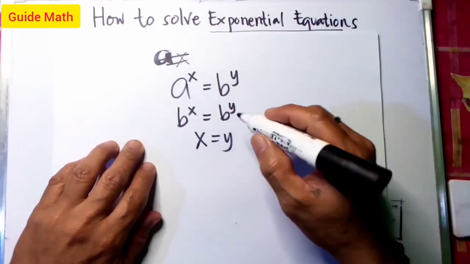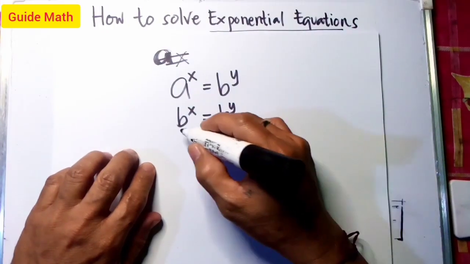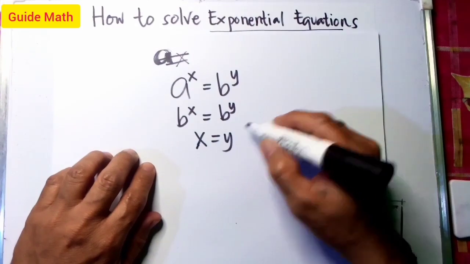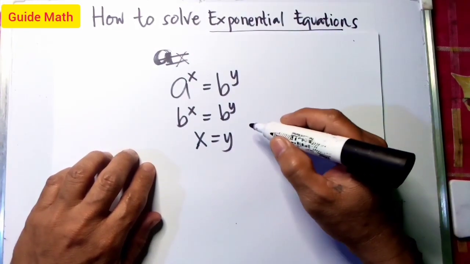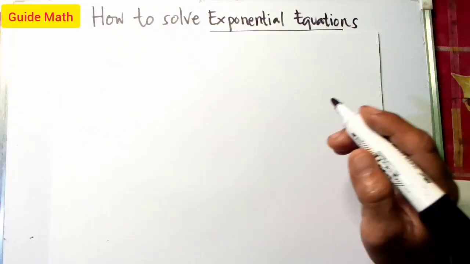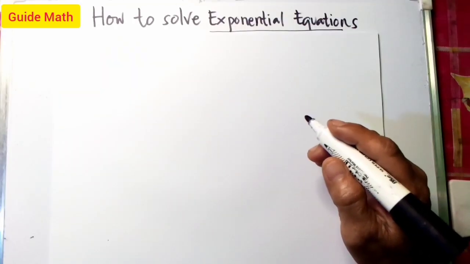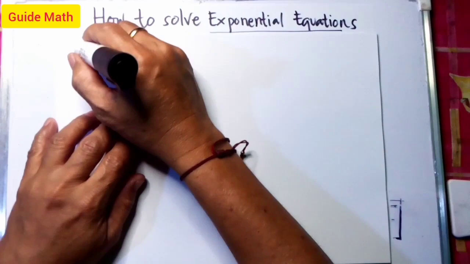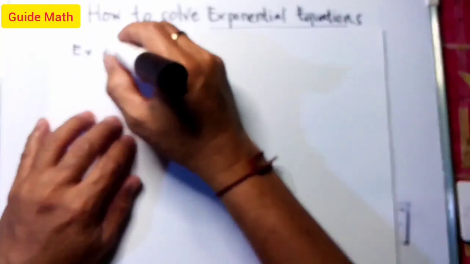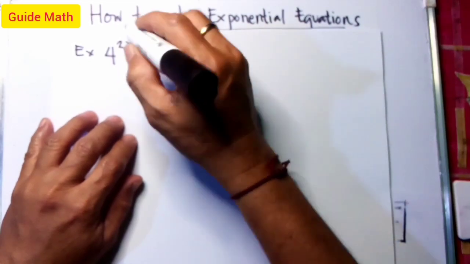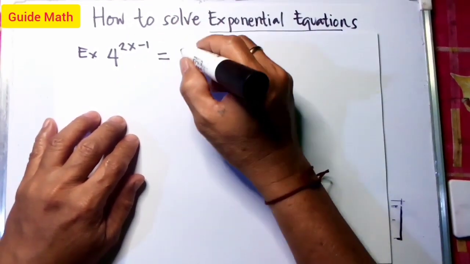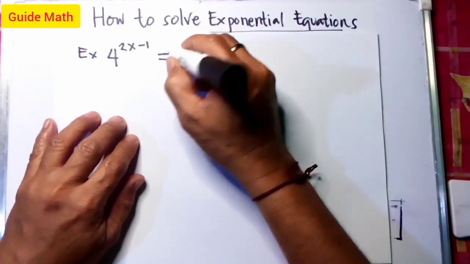So titingnan na natin ngayon, gagawa tayo ng paraan on how to make their bases the same or equal. So I really have to give you an example. Halimbawa, if we have 4 raised to 2x minus 1 is equal to 64.